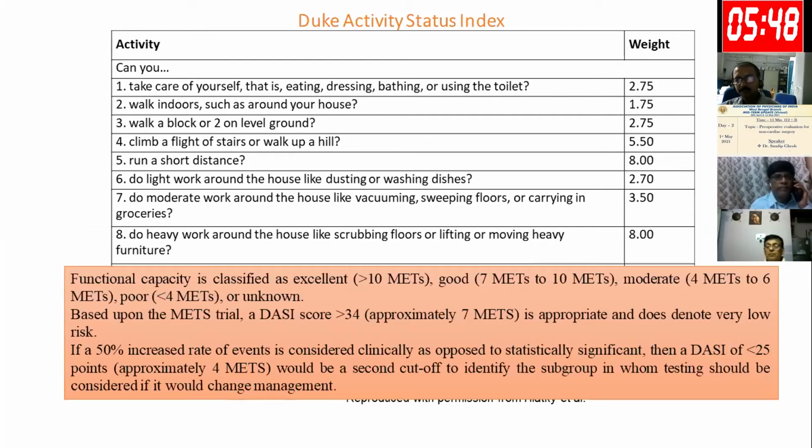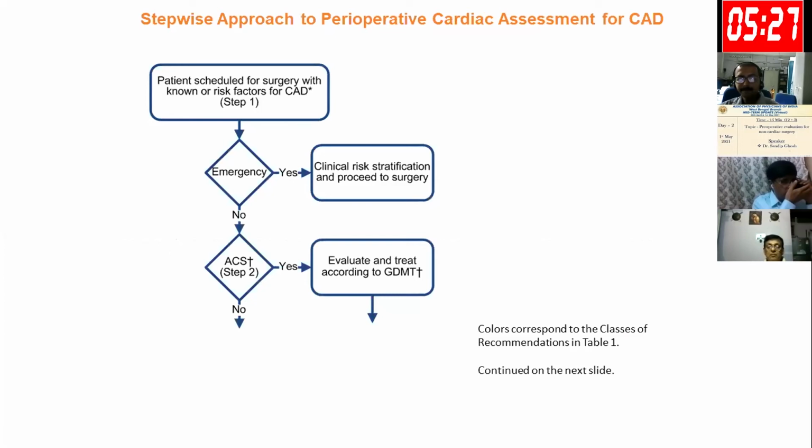Even a score between 4 to 7 can be put under the knife, and may also carry less risk. However, a score less than 4 indicates a high risk for surgery in that particular patient. So this is the stepwise approach that I have taken from the ACC/AHA guideline published in 2014, which was the latest.